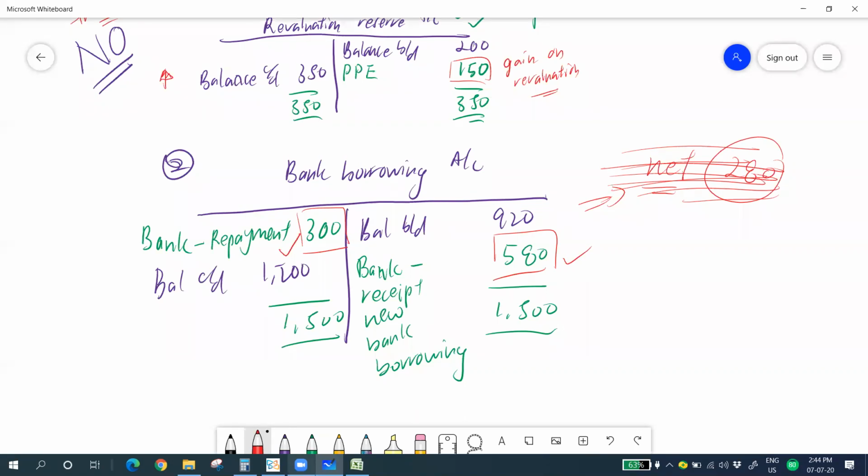Repeat that, cannot show net amount. We have to separate. Understand? We cannot show net amount. All right.